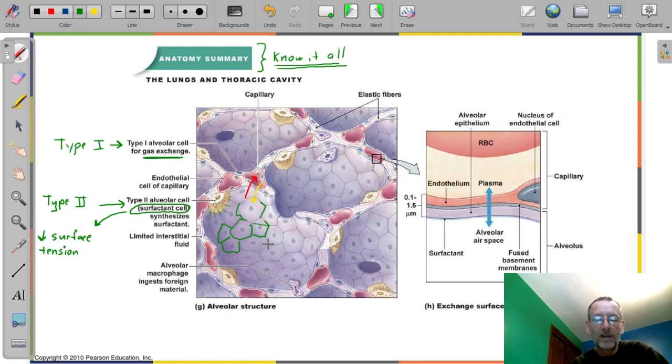So surfactant reduces that surface tension, it breaks the hydrogen bonds, and allows the lungs to inflate more easily. Reduces surface tension, let's say, by disrupting the hydrogen bonds.